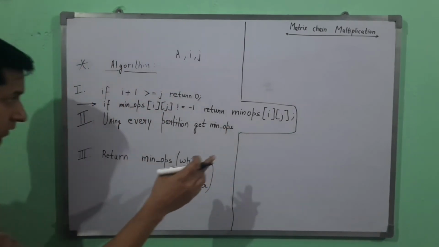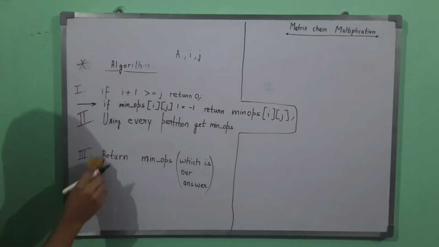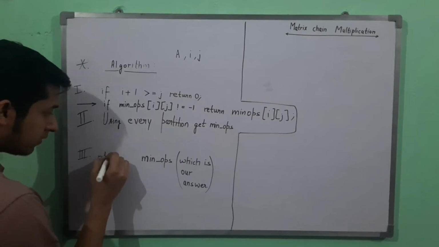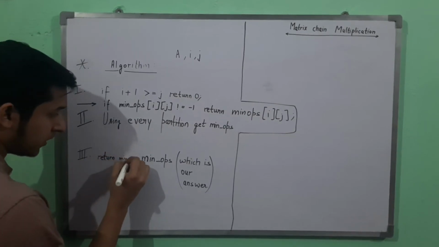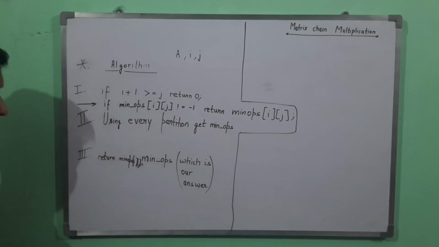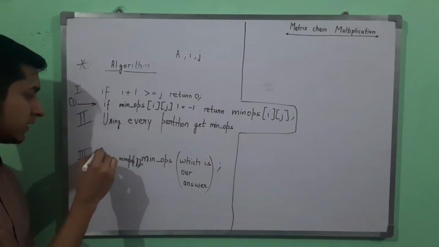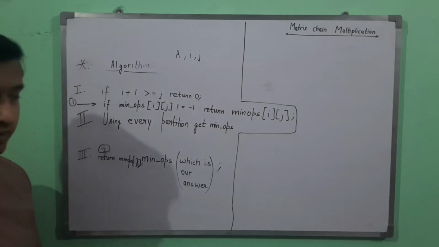This is change 1, and another change will be here: return, min ops i, j equal to this. Only these two changes will make it memoized.